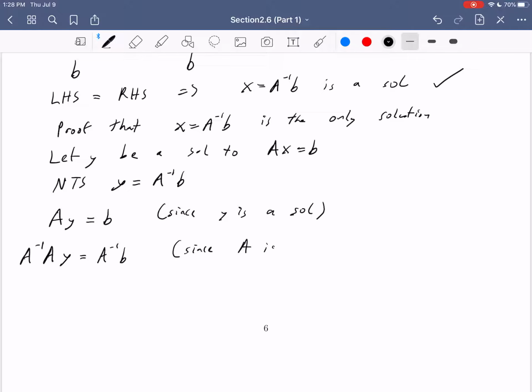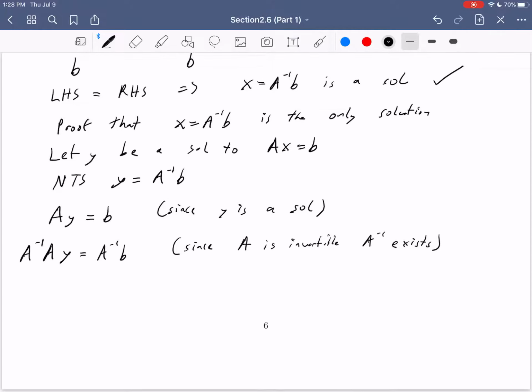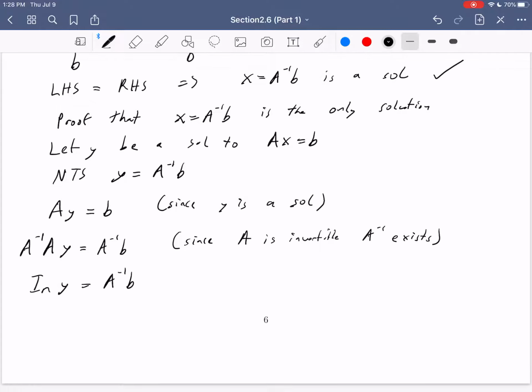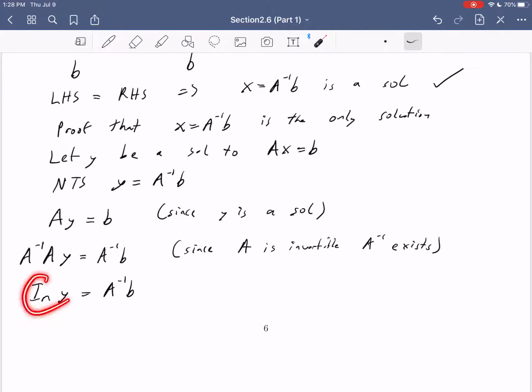Since A is invertible, A inverse exists. So we can use it. We can multiply it on both sides. Over here, we can group and get the identity matrix times y is A inverse b. And then, of course, the identity matrix times that vector y is going to be y equals A inverse b.